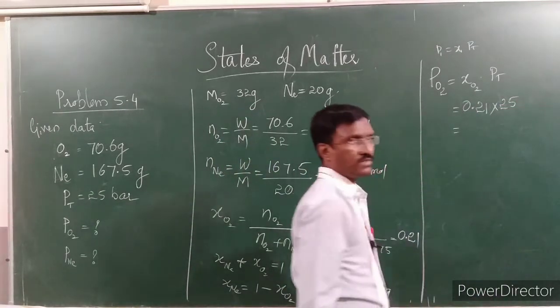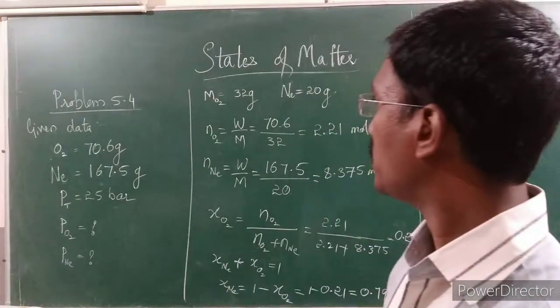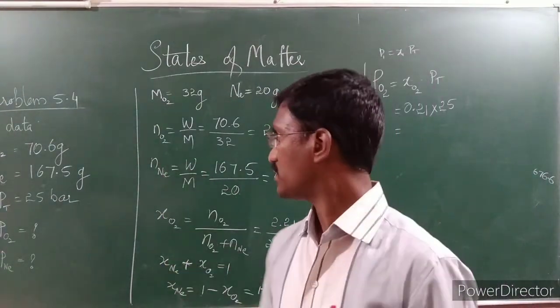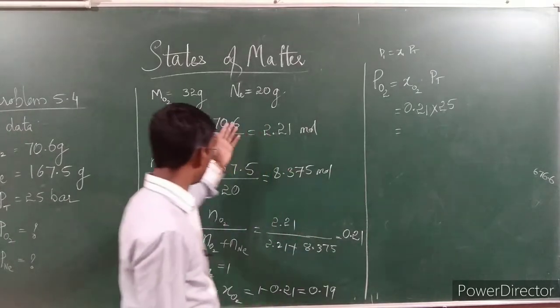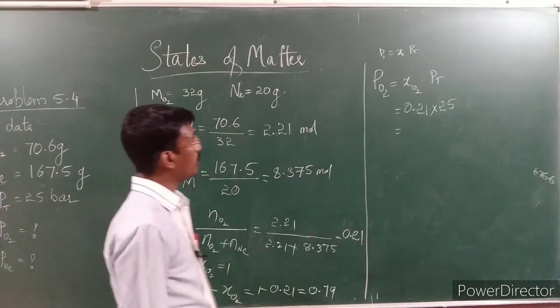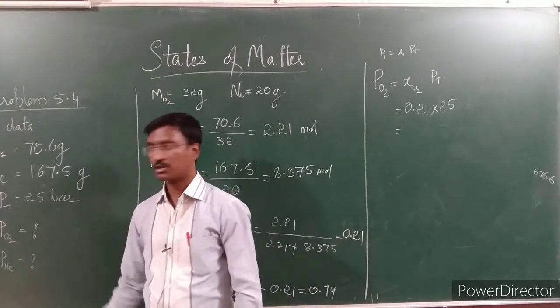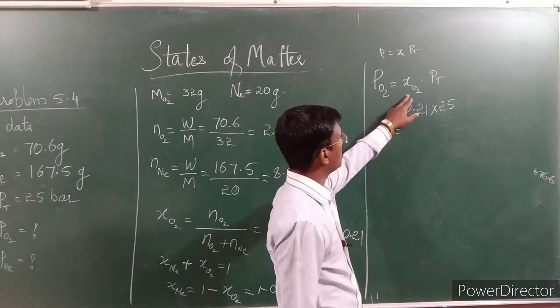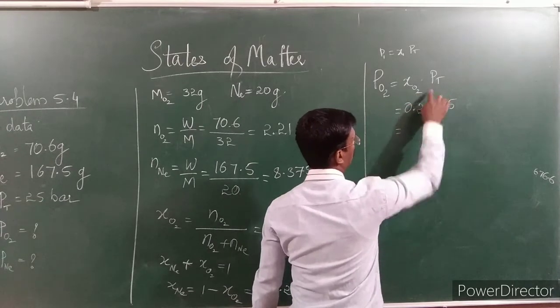So here, can you see on what basis we are solving? We are solving the problems by the given data, as we have observed here. By the mole fraction given and the total pressure we have derived this expression, and what they finally asked is the partial pressure of oxygen and the partial pressure of neon. For that reason we calculate the partial pressure of oxygen by mole fraction of oxygen into total pressure.